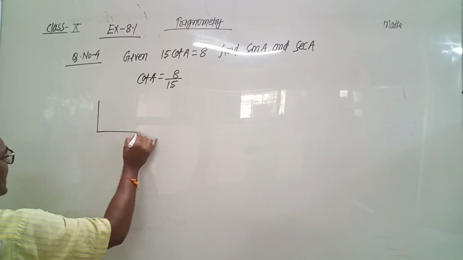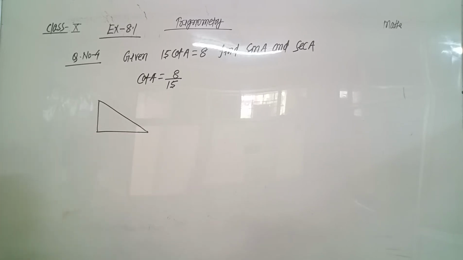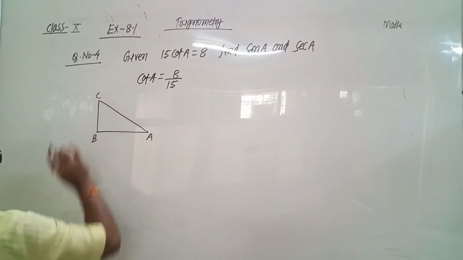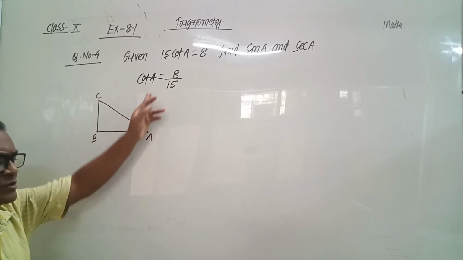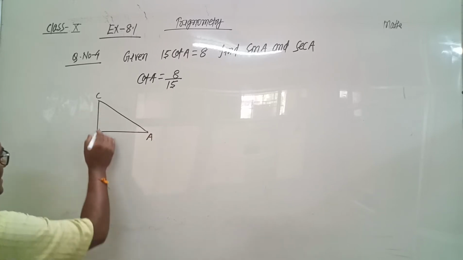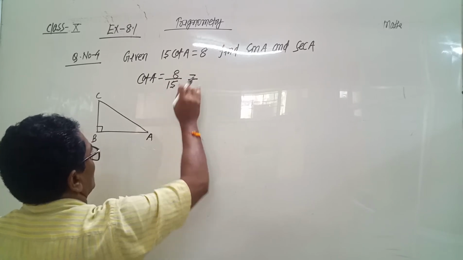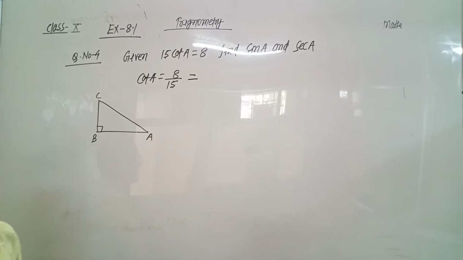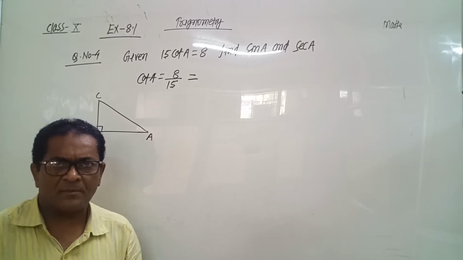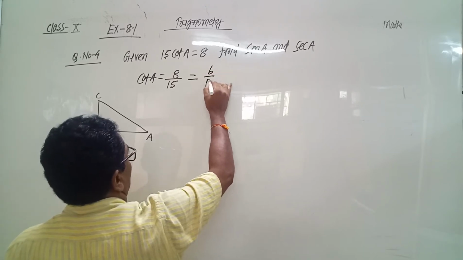Now draw a right triangle ABC, with acute angle A and angle B equal to 90 degrees. Cot A is the reciprocal of tan, and tan equals perpendicular upon base, so cot will become base upon perpendicular.